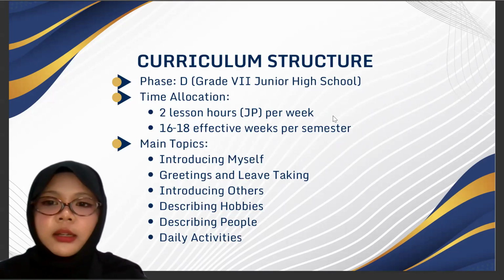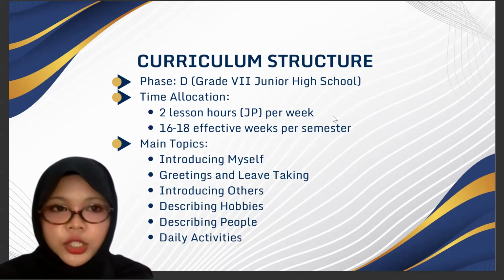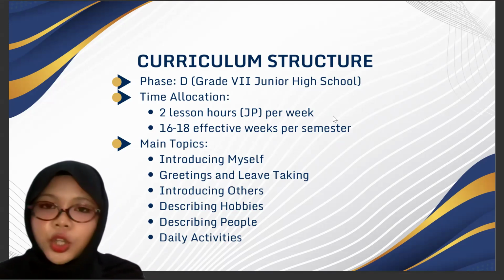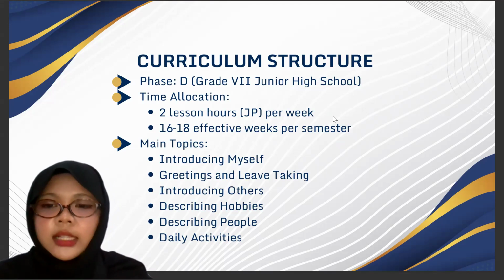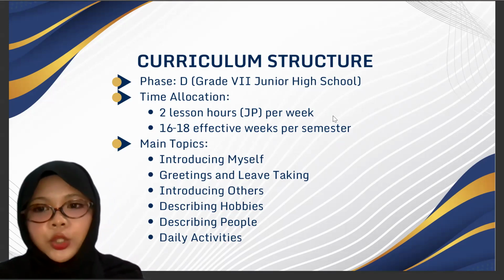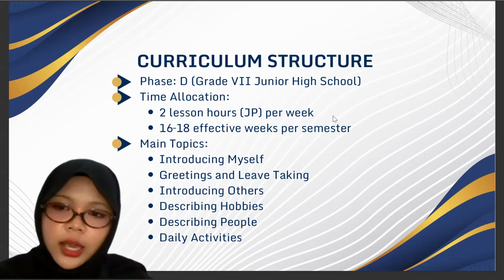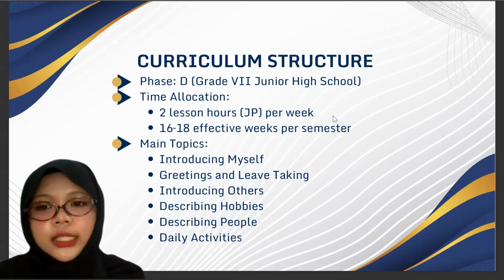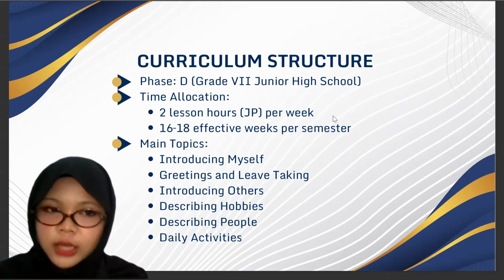And then the slide presents the curriculum structure, specifically in phase D, grade 7, junior high school. English is taught for approximately 2 lesson hours per week. Each semester consists of around 16 to 18 effective weeks.